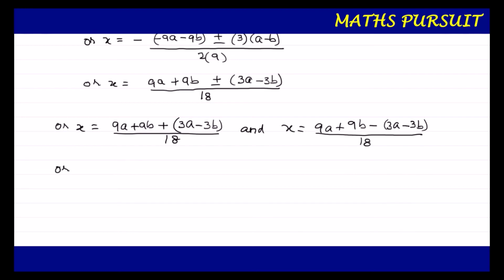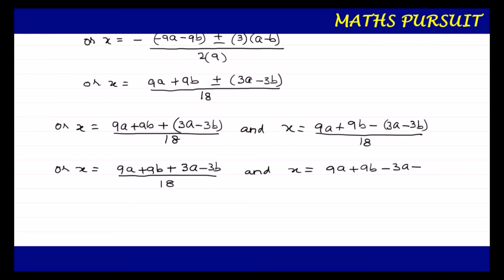Or x is equal to, now let us open the brackets, 9a plus 9b plus 3a minus 3b upon 18. And here similarly, if we open the bracket, we will get x is equal to 9a plus 9b minus 3a plus 3b upon 18. So this is what we got. Now guys, let us solve it further.